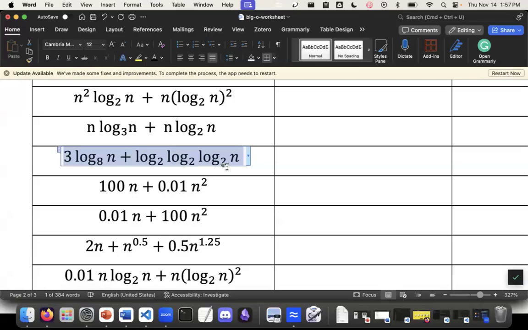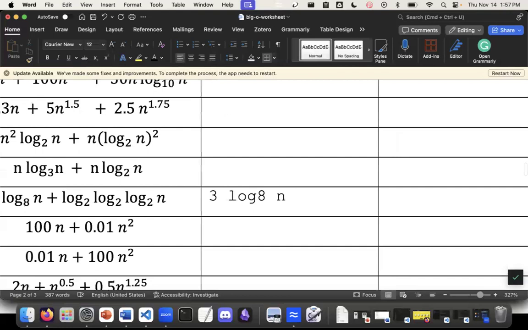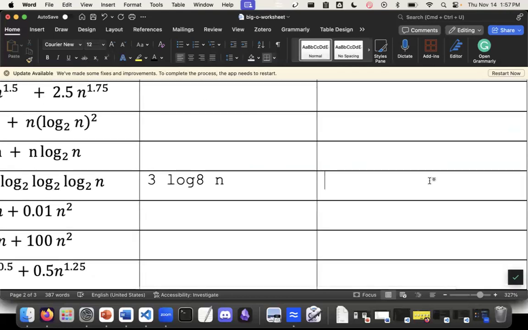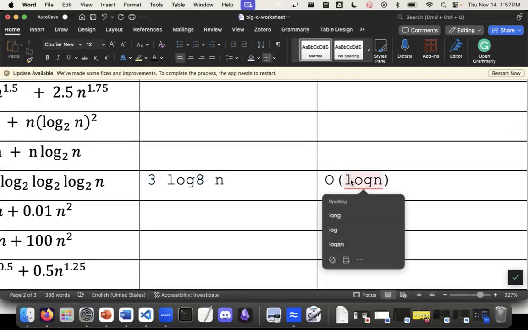So when you're comparing two logs, you go with the bigger base. And so to complete this one, you would say 3 log 8 n. That's the dominant term. And then what's the big O? Log n. Great job. Yeah, so you ignore the 3, you ignore the base, and it's just log n.